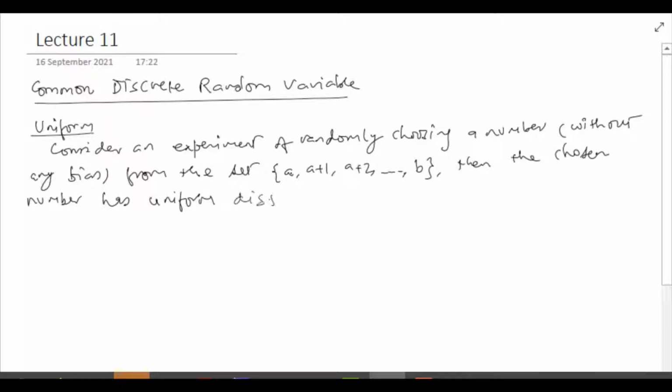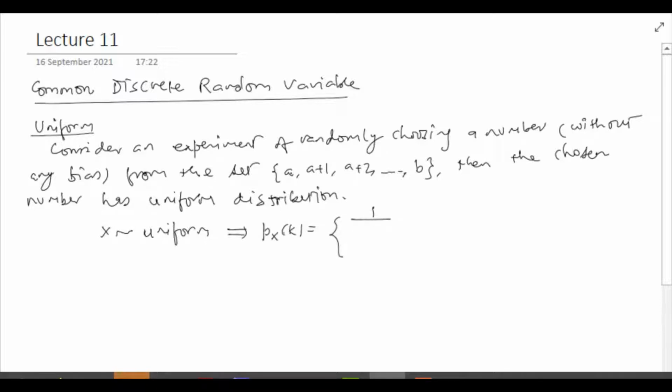That is, the probability that it will take any of these values, A plus 1, A plus 2, etc. is the same. So when we say that X is uniform, what we mean is that the probability mass function of X is a constant.